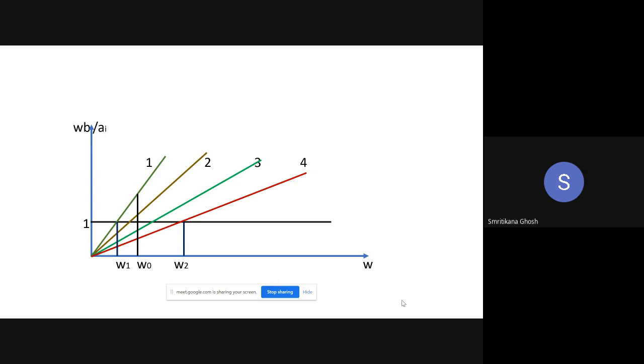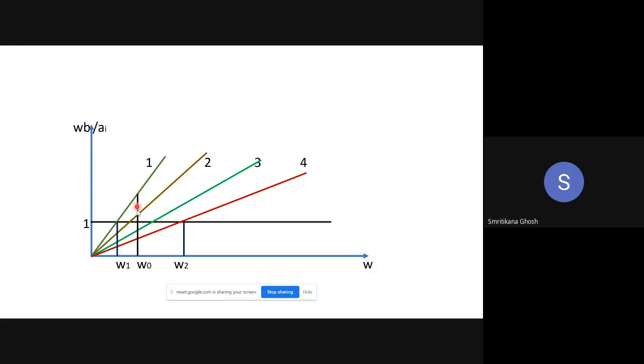Yes. I'm saying that say W naught is the wage rate. W naught is the relative wage in the international market. Now, given this W naught, I'm trying to find out the pattern of trade according to Ricardo.